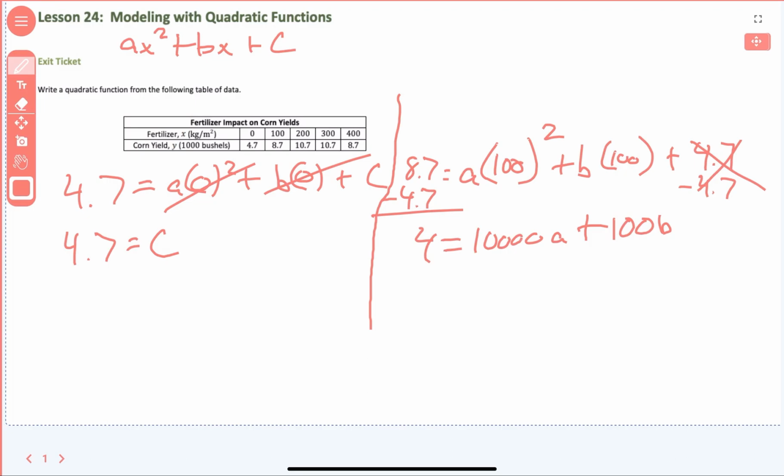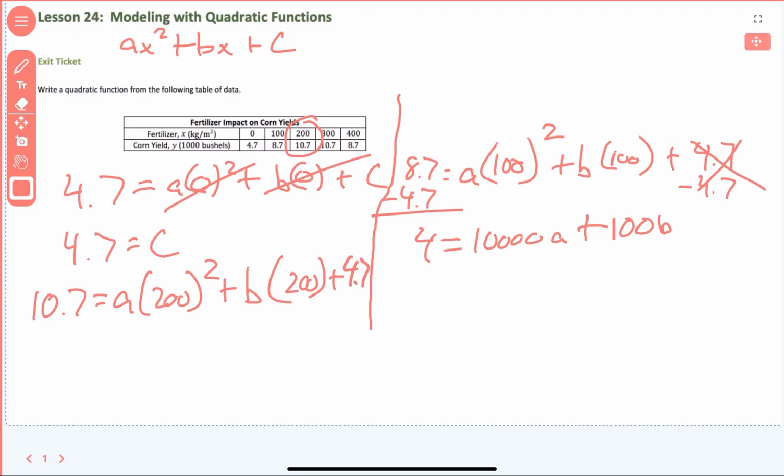You're not going to be able to solve for A and B on this one. Not yet. Let's keep going. Let's take these 2 points. So we'll have 10.7 is equal to A times 200 squared plus B times 200 plus 4.7.